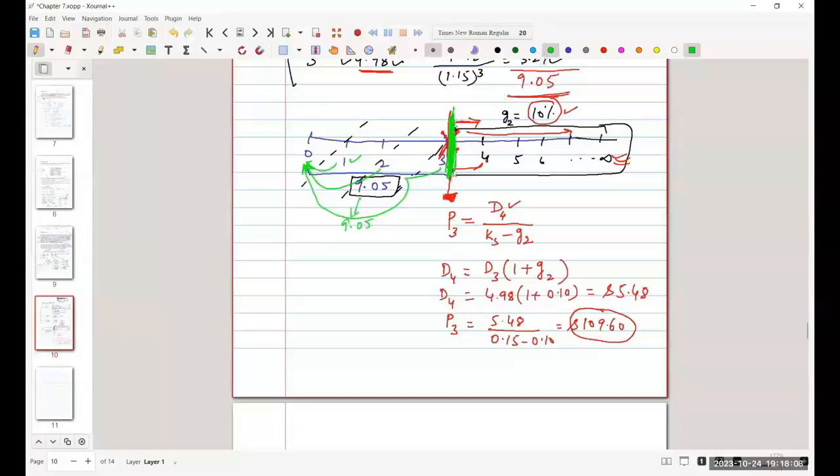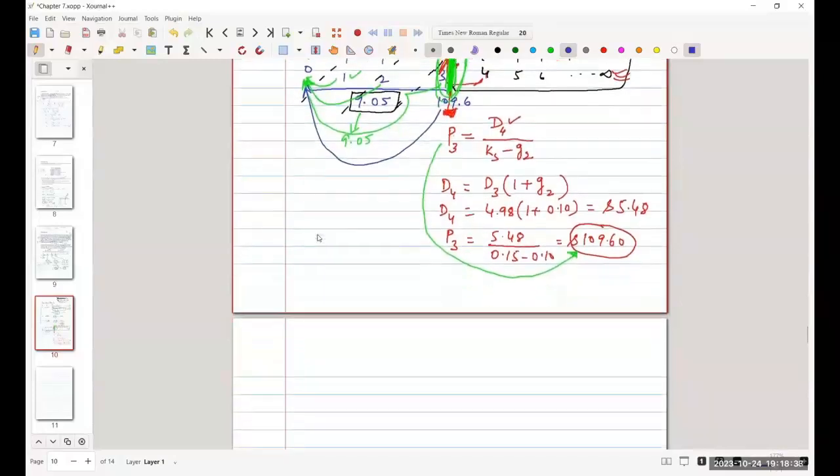Likewise, at this point in time, the value created for us, P3, is equal to 109.6. This 109.6 also needs to be taken back to time 0 so that we can have the current worth of this.